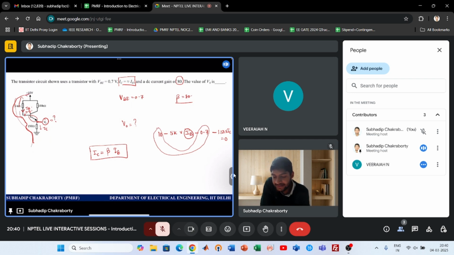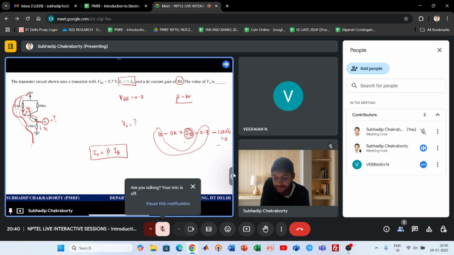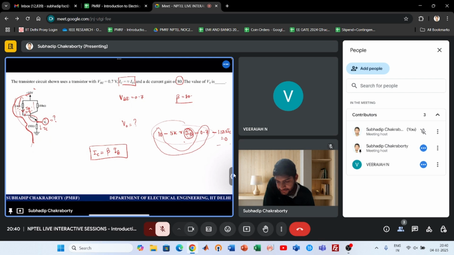Whatever you are telling, 10 minus 5 into IB, minus 0.7, minus this is 0. Then again writing IB to be 10 minus 0.7 by 5, we'll cancel everything, because you have included it in this equation. Now use this equation.